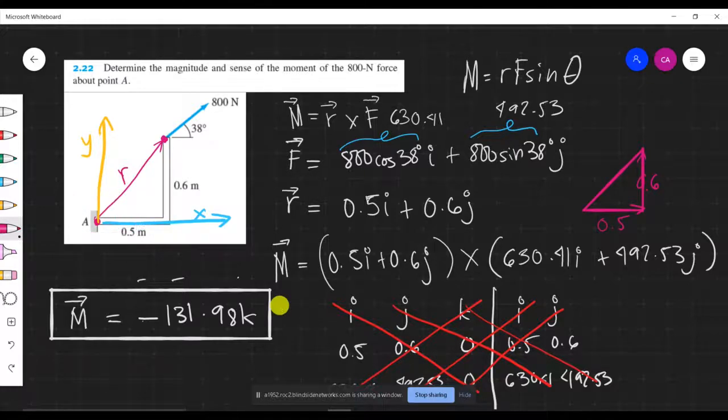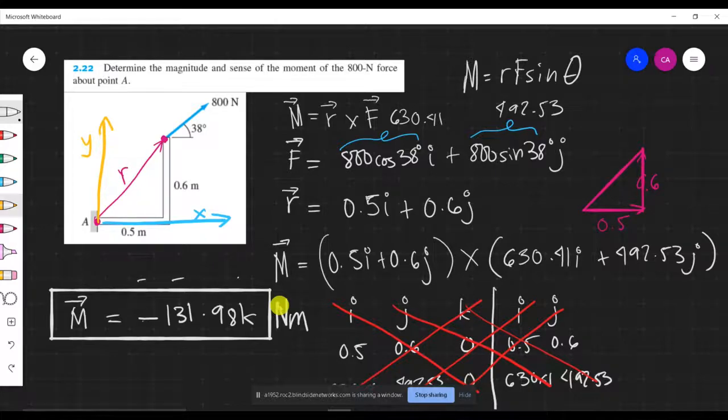Kaso, yung na-solve natin is negative 131.98K. So, sinasabi na yung negative 131.98 kilonewton meter, newton meter pala. Okay, newton meter yung unit niyan. So, yung moment na 131.98 newton meter ay rotating sa axis K. Anong direction? Negative.